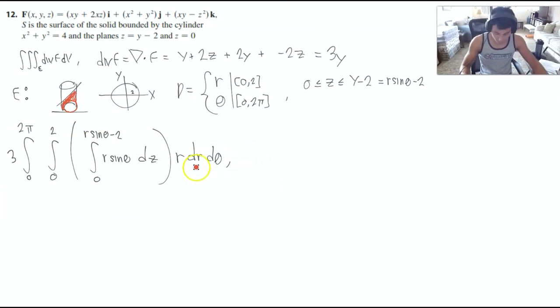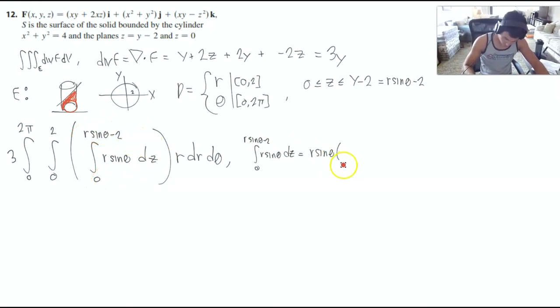So we'll do the first integral, which is this one, from r sine theta minus 2 to 0 of r sine theta dz. As you can see, it's just going to become r sine theta times what? This minus this, which is just this.